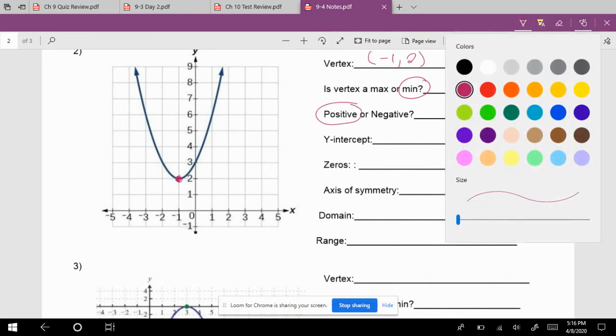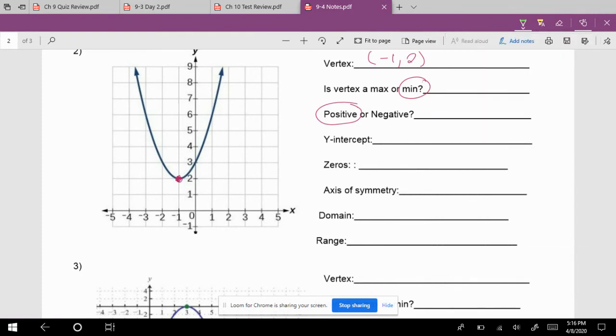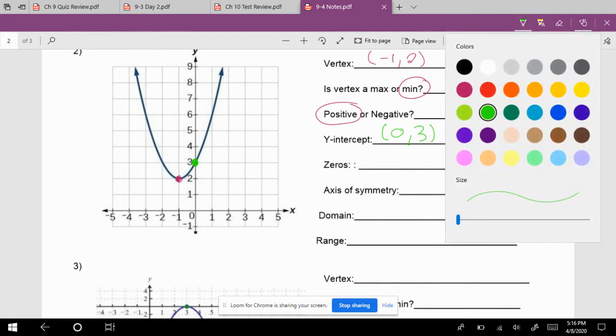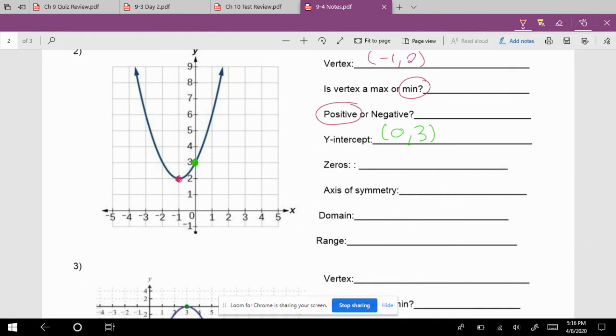Okay, y-intercept. We are right here for crossing that y-axis, and that is the coordinate point 0, 3. And then what are the zeros? Now remember, zeros is another name for x-intercepts. So what are your x-intercepts?